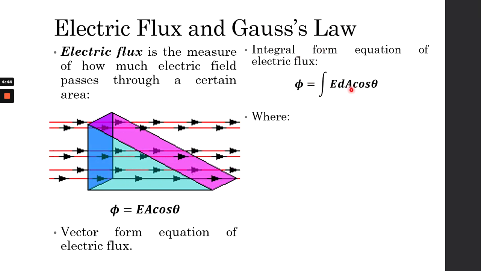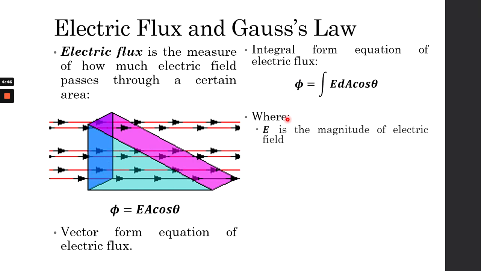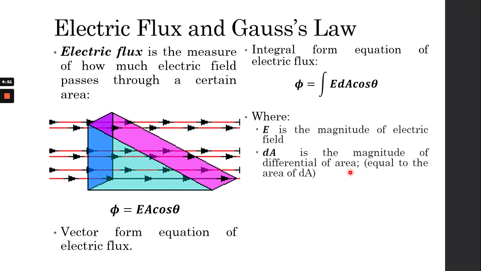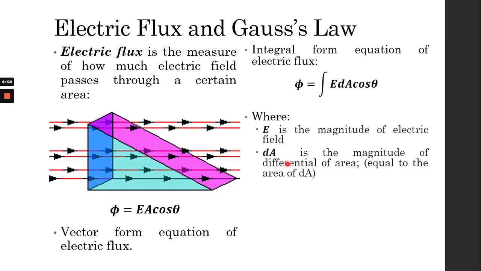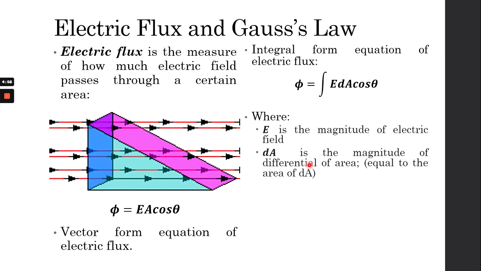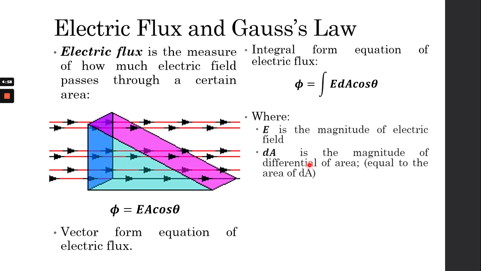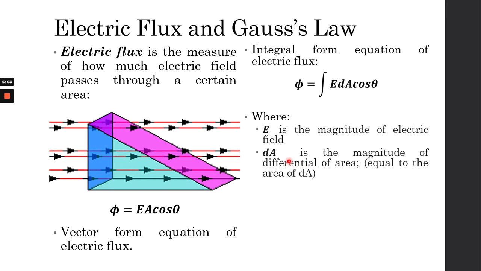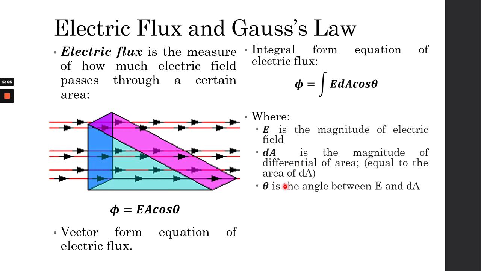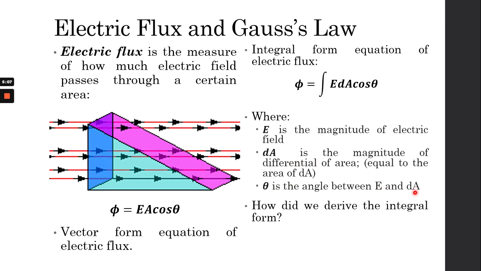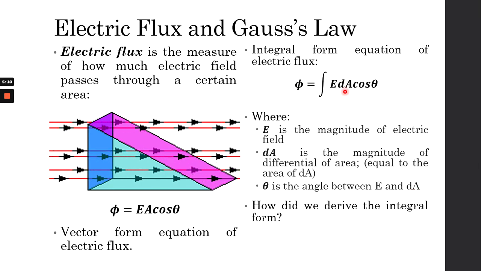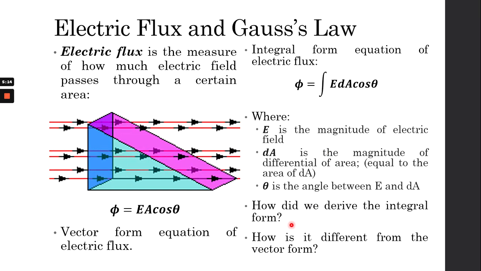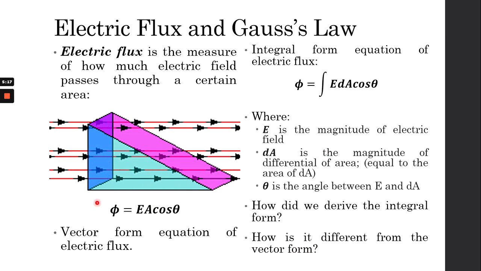In this integral form of electric flux, E is the magnitude of the electric field, dA is the magnitude of the differential of an area, which is an infinitesimally small part of the area, and theta is the angle between the E and the dA. Let's now think about how we actually derive this integral form, and how it is different from the vector form.